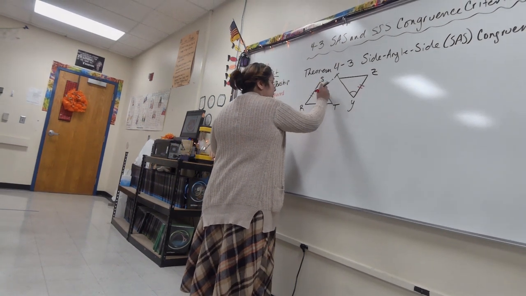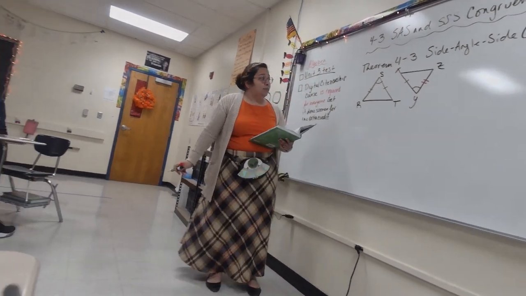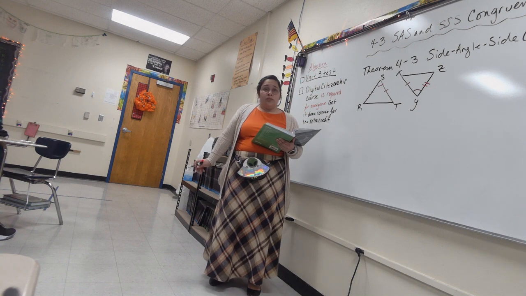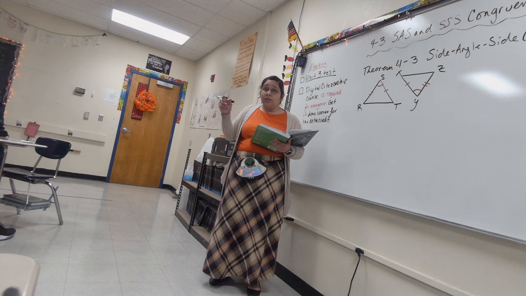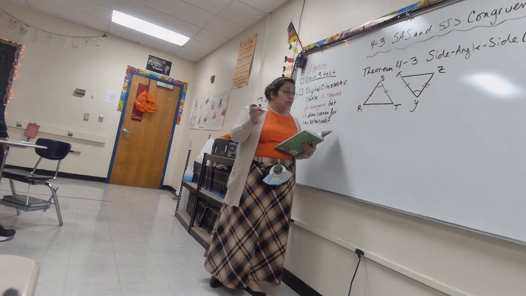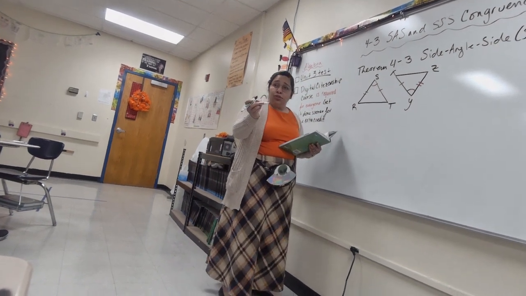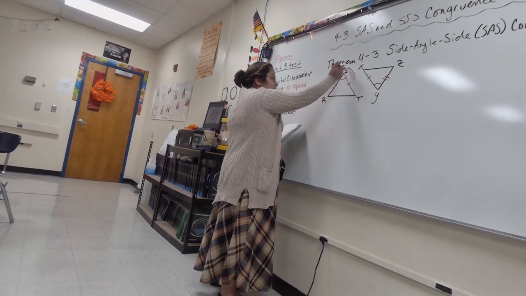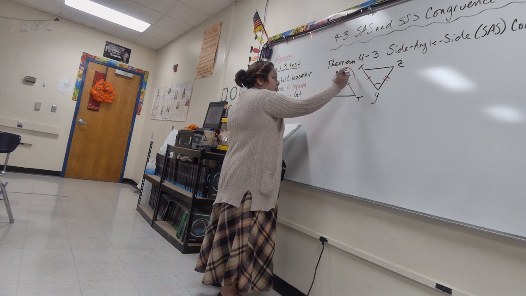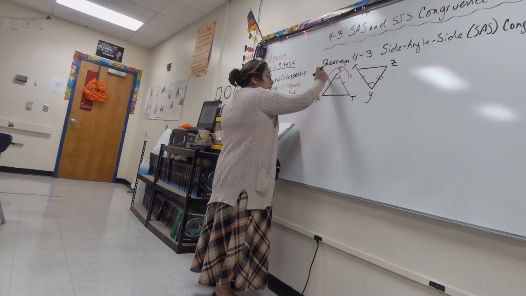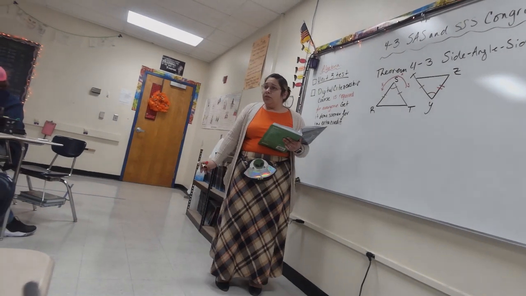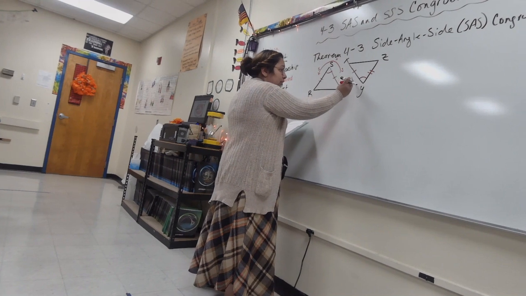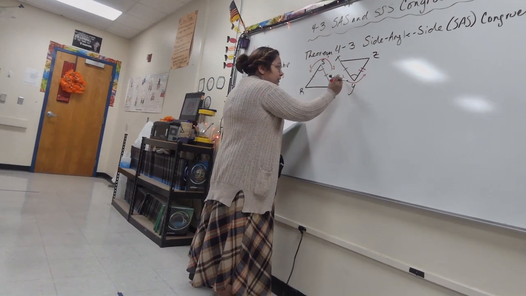All right. Here's how easy this stuff is. These guys are congruent going from one side to an angle to another side. So side, angle, side. That's it. This one as well. So look, side, angle, and side.